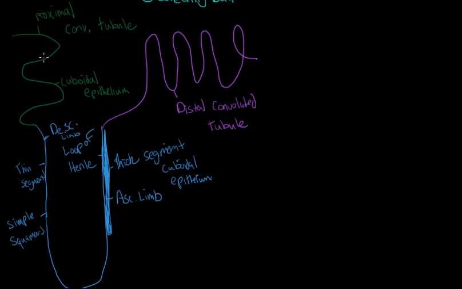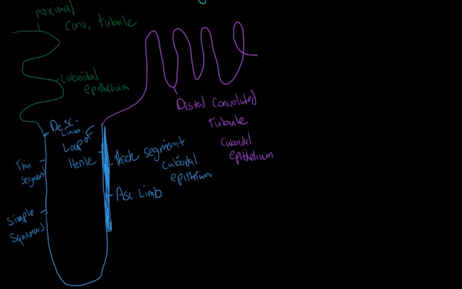So we're going to find most of our resorption here in the proximal convoluted tubule, and here we have a lot less. This is more the fine-tuning resorption and secretion. And again, we're at cuboidal epithelium. And that's going to finish up the nephron structure.